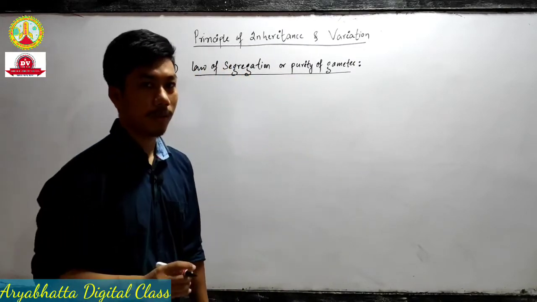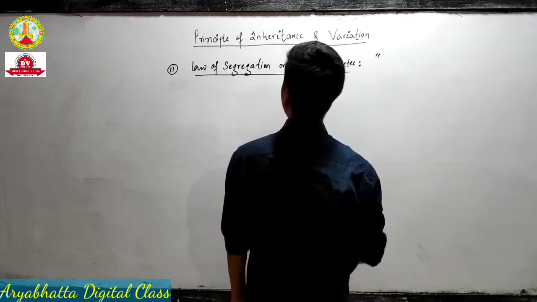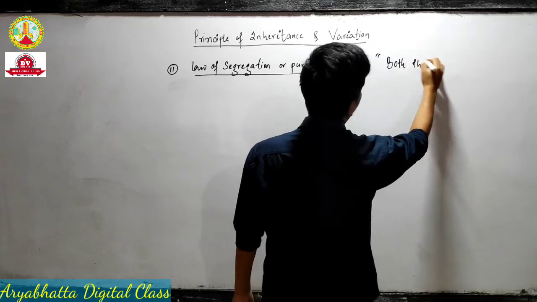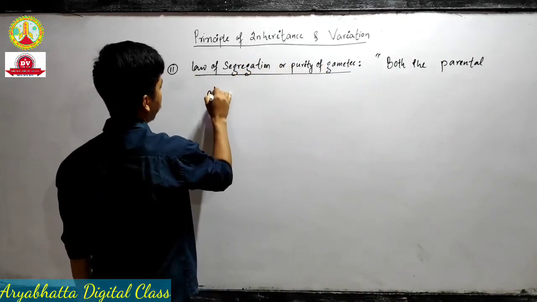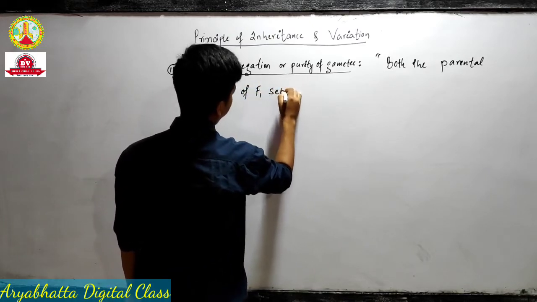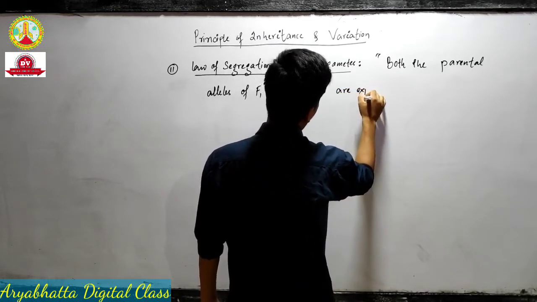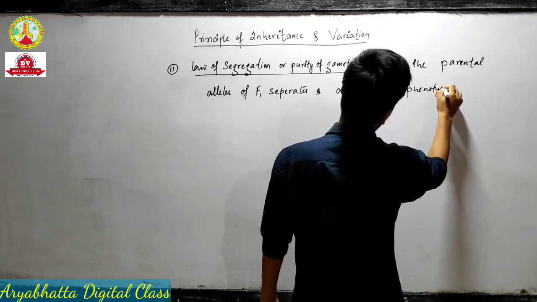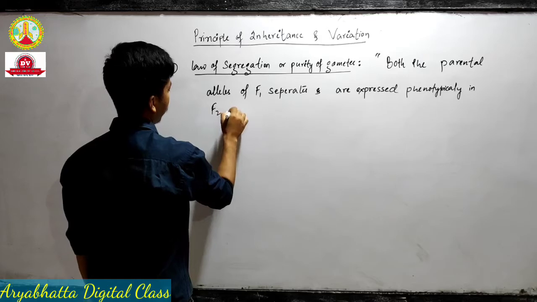When you write it, write this way: Mendel's law of segregation states that both the parental alleles of F1 separate and are expressed phenotypically in the F2 generation.